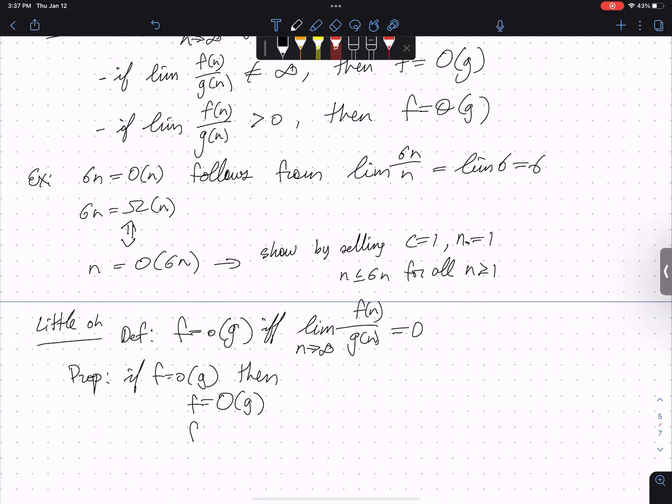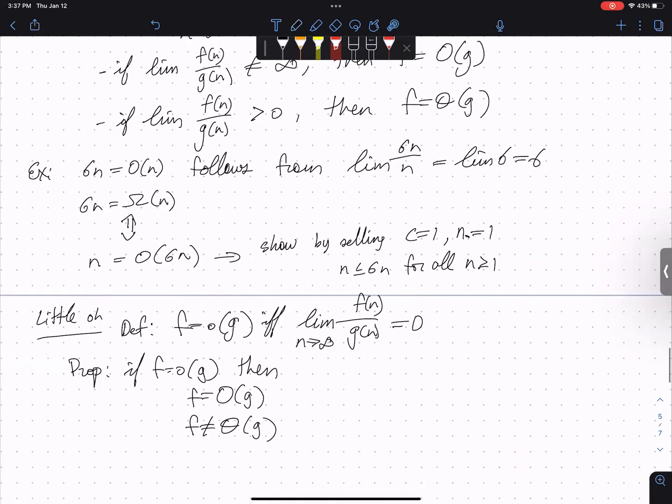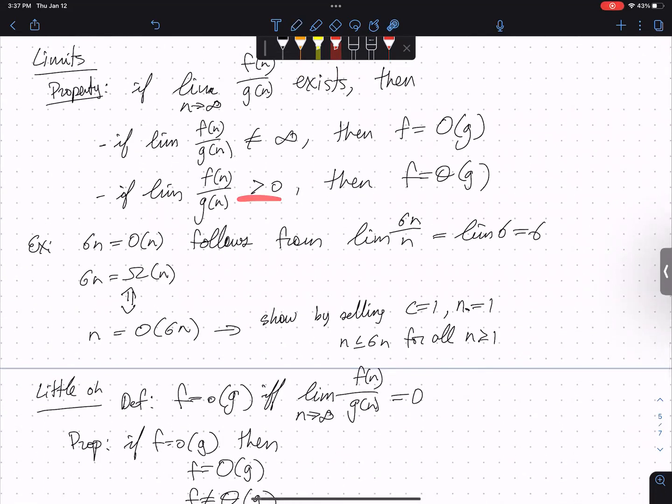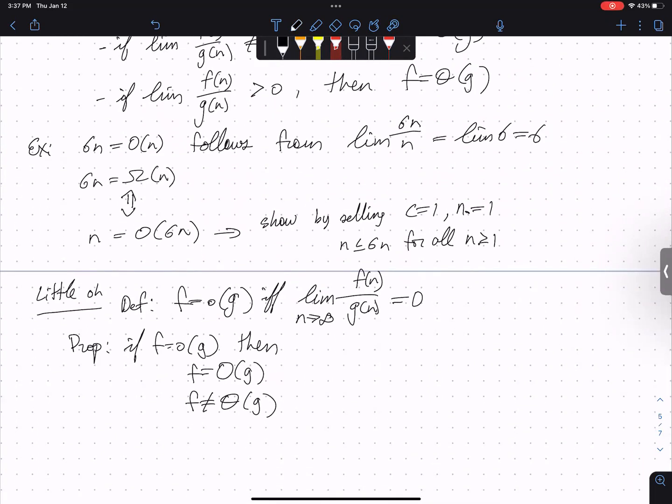And also f is not theta of g, right? Because to be theta of g, you'd have to be more than 0, and this is the opposite. This is when it's equal to 0. And if f is not theta of g, that also means that f is not omega of g, because theta means O and omega. So if you're O, if you're not theta, that means you're not omega.